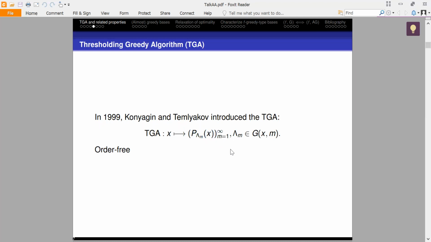So you see that for every x, we have a sequence of vectors, and the sequence of vectors actually is a sequence of greedy sums. And again, this method is order free because if you have a largest coefficient in some order, then you also have the same largest coefficient in other orders of the basis.